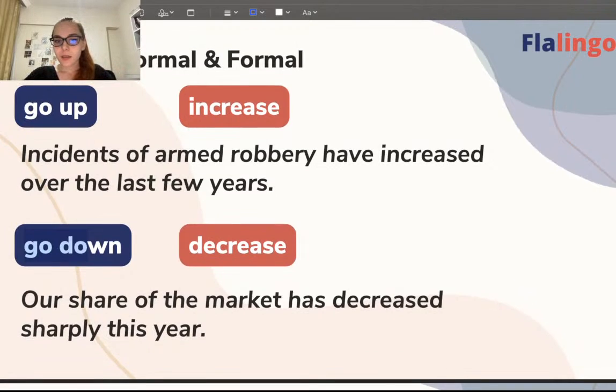So, incidents of armed robbery have increased over the last few years. I'm giving a time period, over the last few years, maybe since last year, since 2020. Maybe we can give some examples like that. But I'm using again a formal word, increased. Let's highlight that as well.